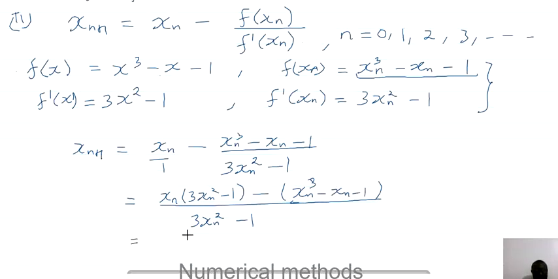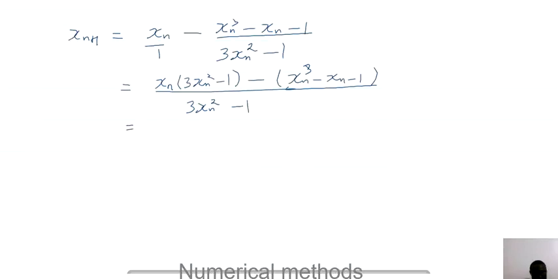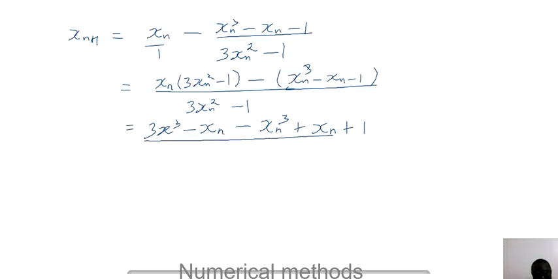Next, we are going to open the bracket. So opening the bracket here, I will have 3x_n power 3 minus x_n, minus, now this negative is entering here, x_n power 3, this enters, becomes a positive, this enters, it becomes a positive there. Everything divided by 3x_n power 2 minus 1.